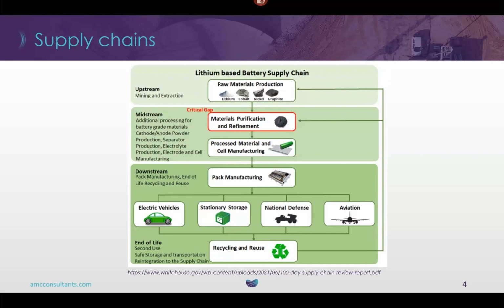So while you may be able to find a massive rare earth project or deposit, the chances are you have to still take that material to China for processing. China controls 80% of the midstream processing for rare earths. So if you're trying to get rid of your dependency on China, it doesn't matter how good or brilliant your rare earth deposit is if you cannot process it.